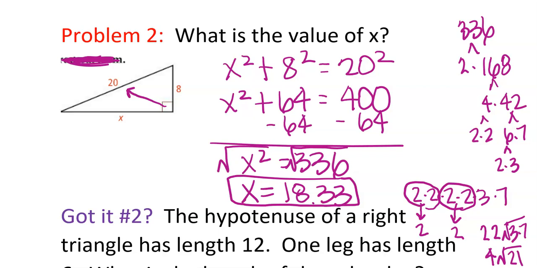We don't, do we? So that's why I like to go to the decimals for these rather than the simplified radicals. Not that it's not important that you know how to do it, but when you're trying to figure out, does my answer make sense? The 18 number is far easier to make sense of than 4 square root of 21. So I generally will have you go 2 places or 1 place or whatever it happens to be.